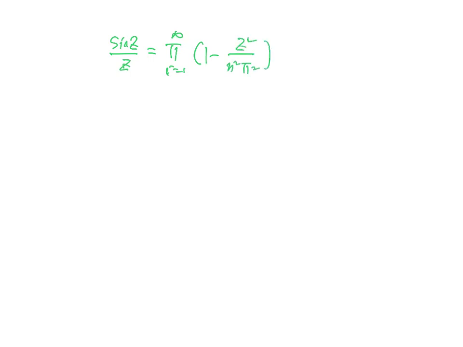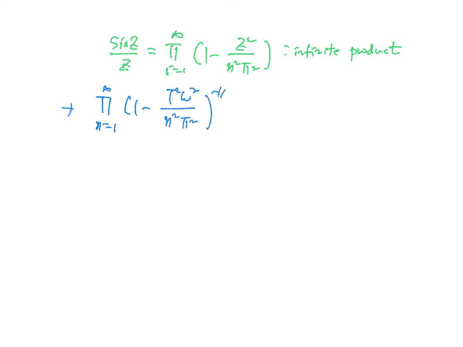This is called an infinite product. I can show this relationship, but for now you have to believe me. Then we have the following: the product from n equal to 1 to infinity of (1 minus T square omega square over n square pi square) to the minus 1/2 is nothing but (omega T over sine omega T) to the 1/2.